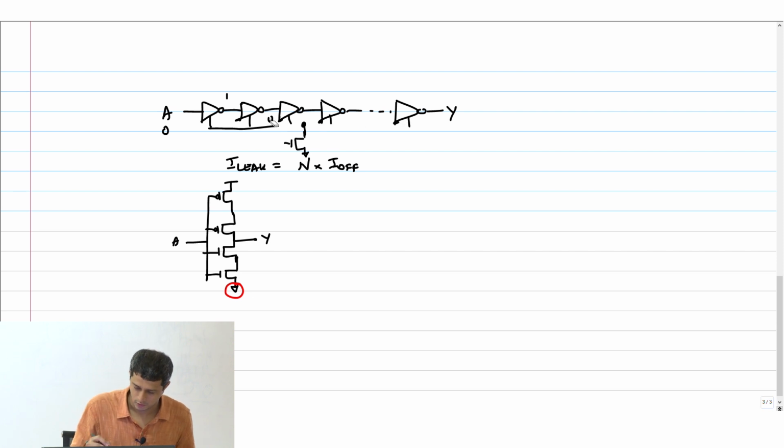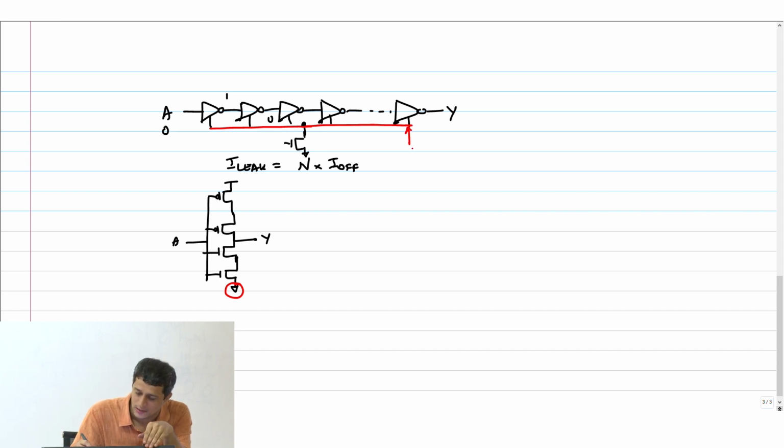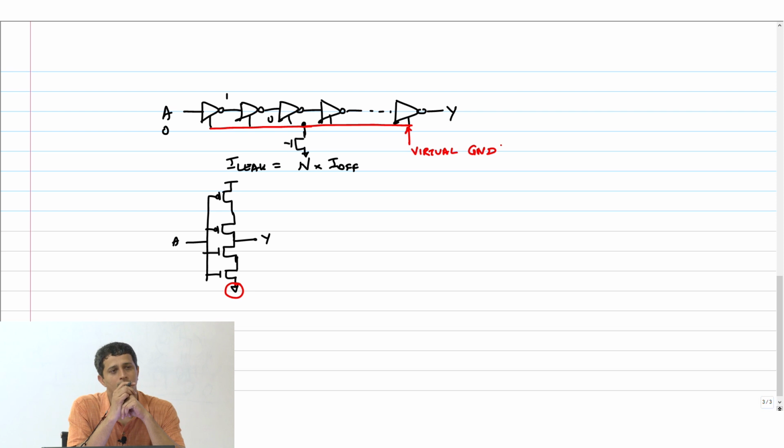Okay, maybe I should draw in red so that I can maintain the color consistency. That ground node I have disconnected and put an NMOS transistor in series between that ground. So this I am going to now call virtual ground, and this is my actual ground.